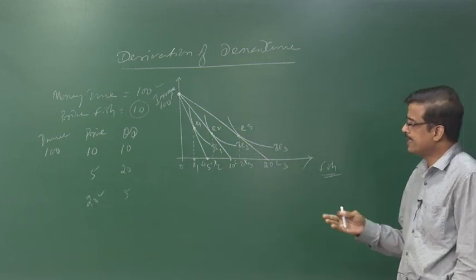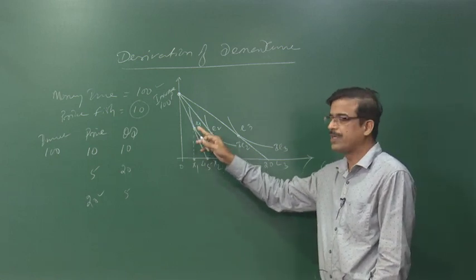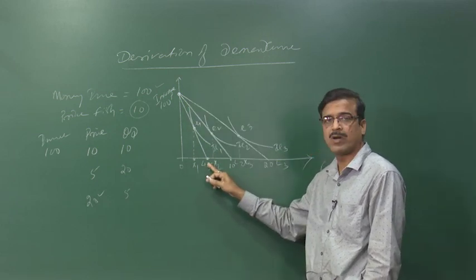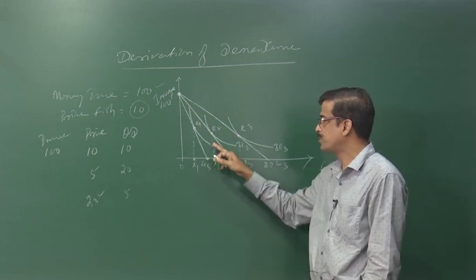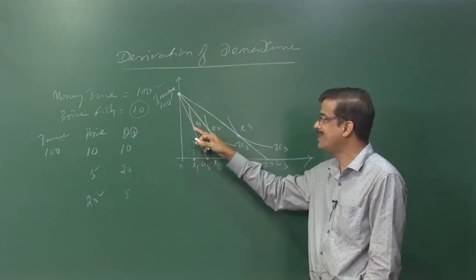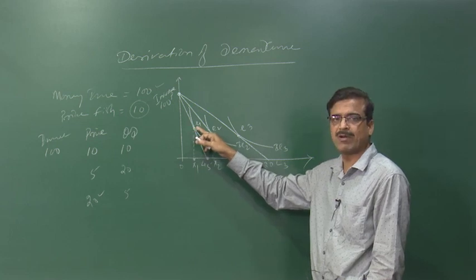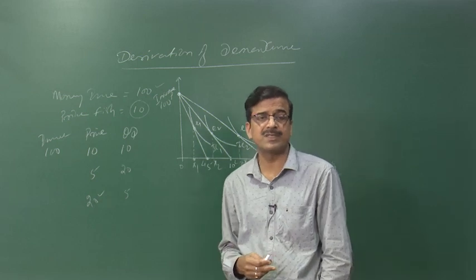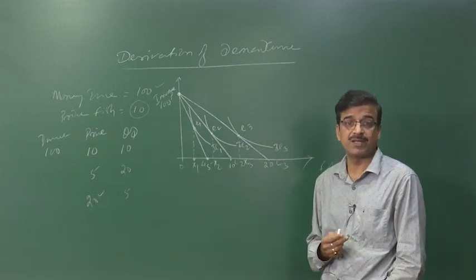So, initially the consumer is at the point of equilibrium E1, when the price line is PP1 or PL1, and the indifference curve IC1 is tangent to it, and thereby the consumer obtains the maximum amount of satisfaction, because the dual conditions are satisfied at that point. What are the conditions of equilibrium?